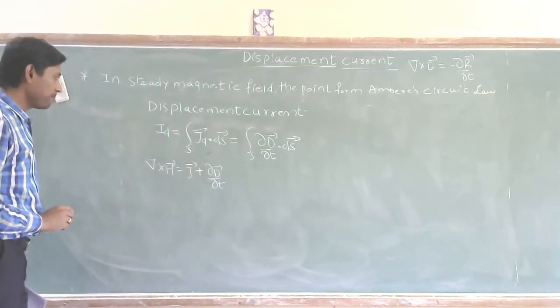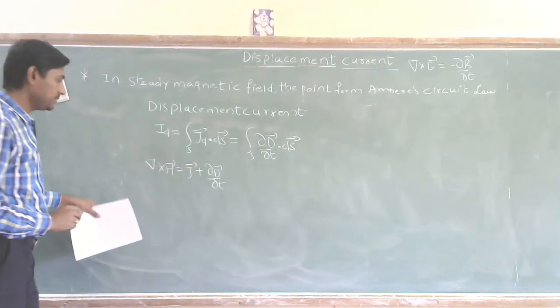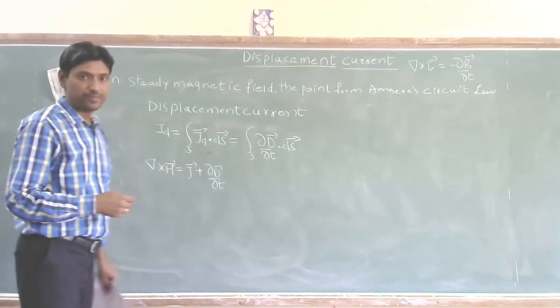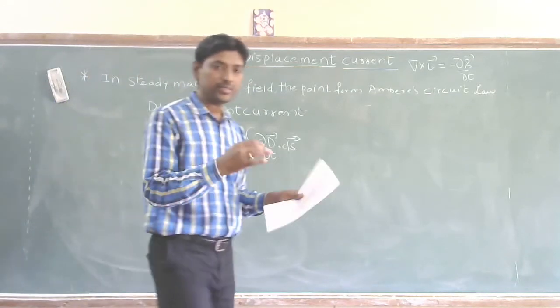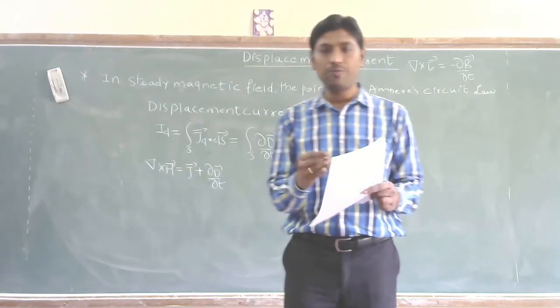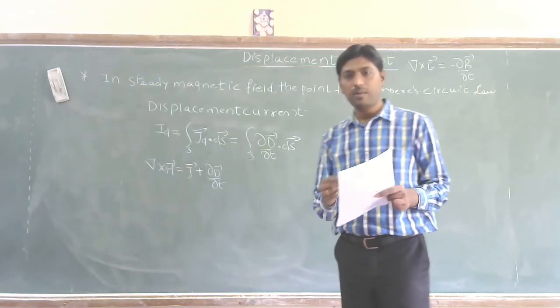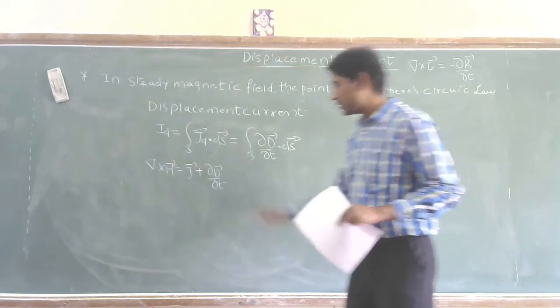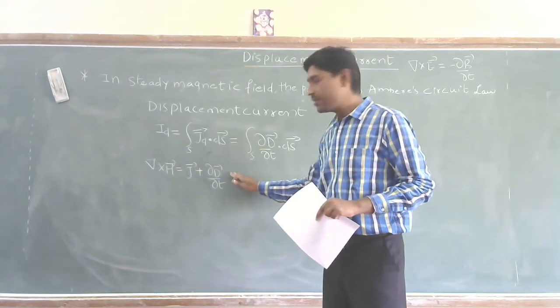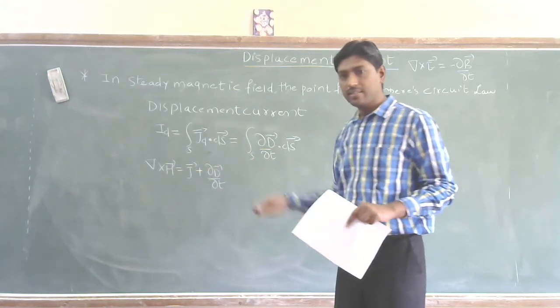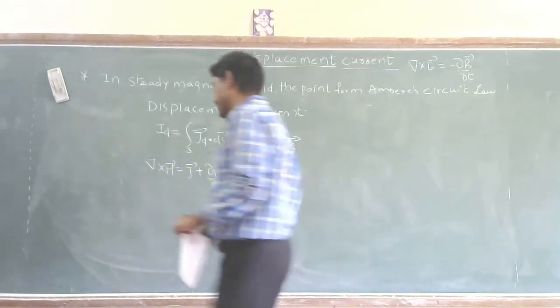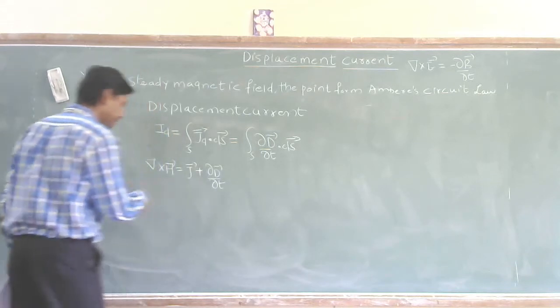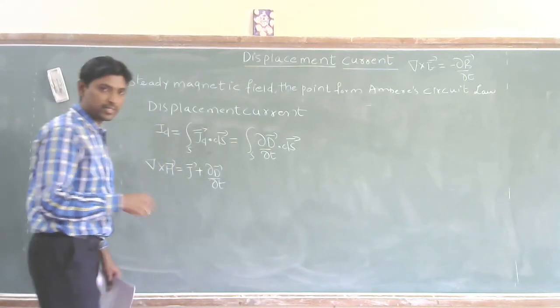So we can also obtain the integral form of Maxwell's equation. If you try to see any Maxwell's equation, we have two forms, one is point form and one more is integral form. This is the point form of Maxwell's equation, and we can get its integral form by applying the Stokes theorem.